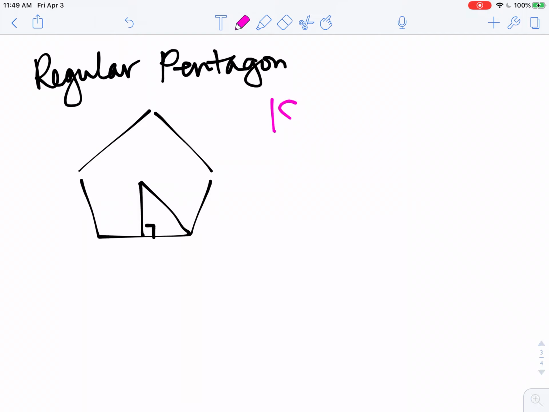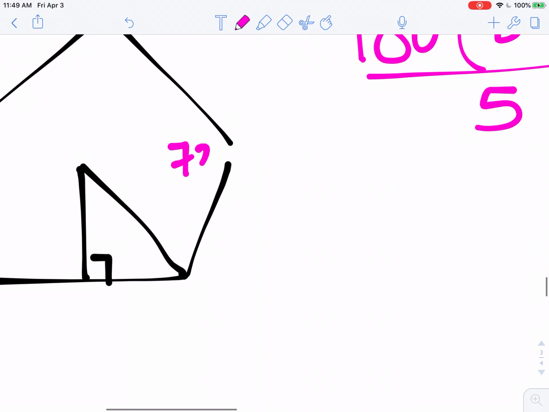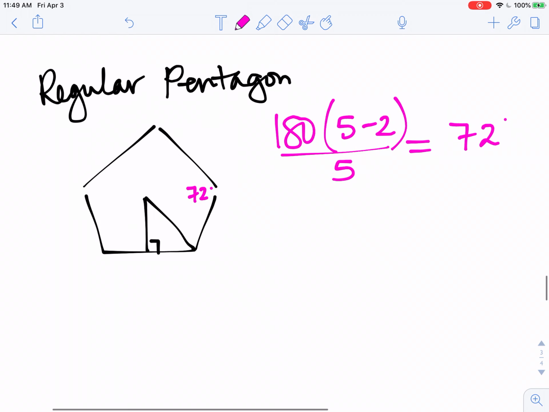If I want to find the sum of all the measures of the angles of a regular pentagon, I'm thinking 180 times n minus 2. And then I want to divide by how many sides we have. So 72 degrees is going to be the measure of each angle inside my pentagon.